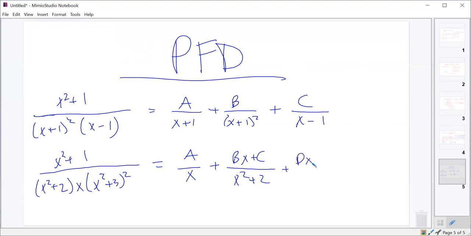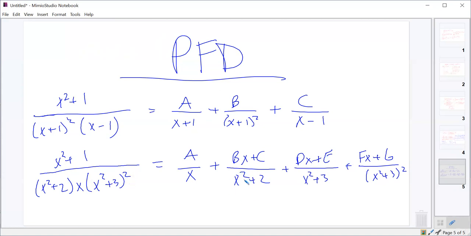Then you'd have dx plus e over the other irreducible quadratic factor, and then fx plus g over x squared plus 3 squared. Since there's a repeated irreducible quadratic factor, we want to include 2 different instances of that.